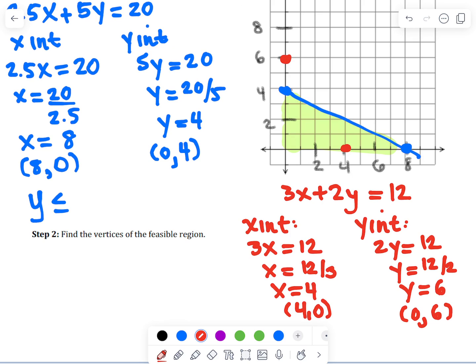And then we connect the 2 points. This also, when we convert it to slope-intercept form, will be y less than or equal to. So now we shade below that red line, and then we find our feasible region.